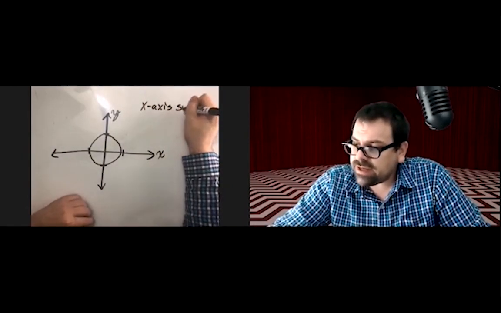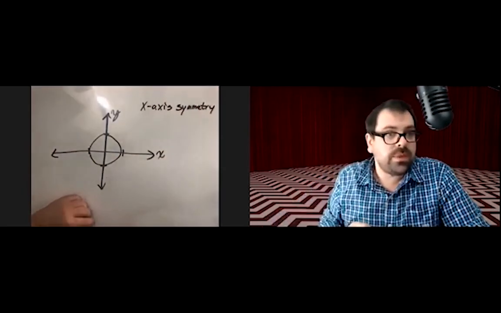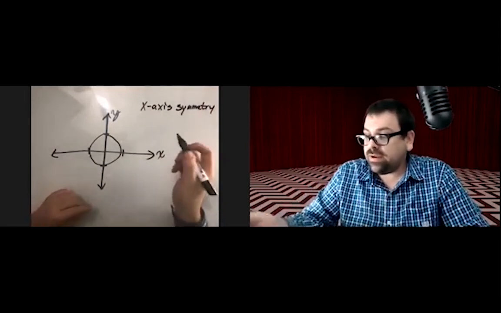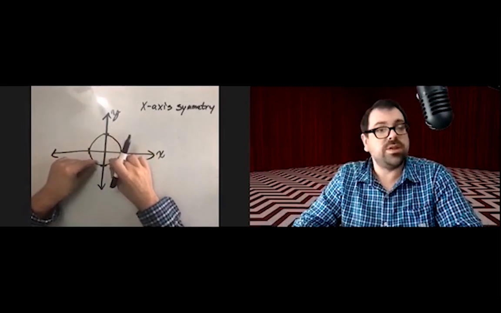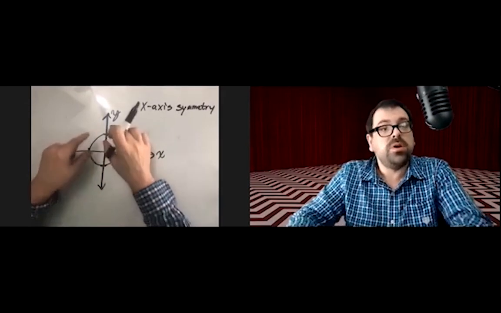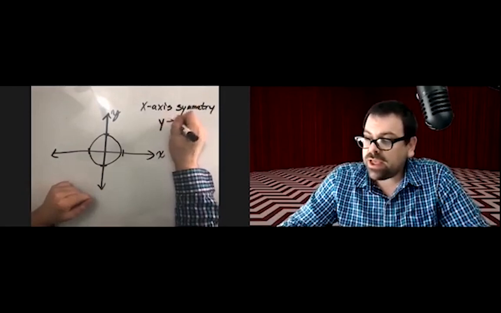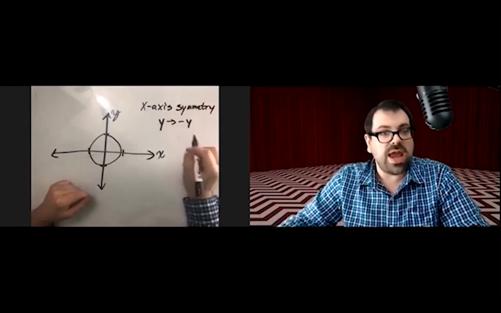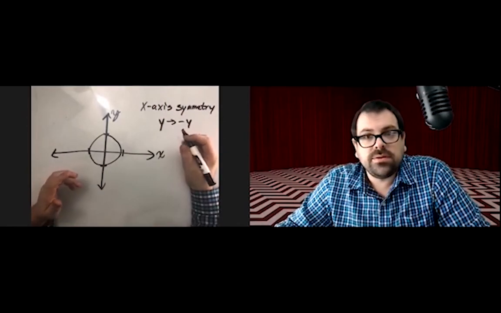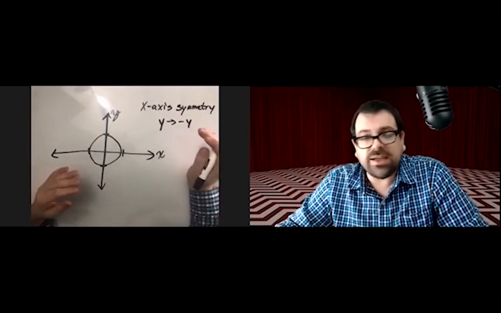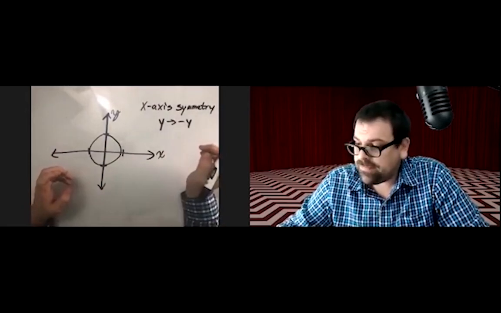And for x-axis symmetry, that meant that since all the points on the top would also exist on the bottom, and all the points on the bottom would also exist on the top, that we can replace y with negative y and get what we started with. It's a quality of any equation of any graph with x-axis symmetry.